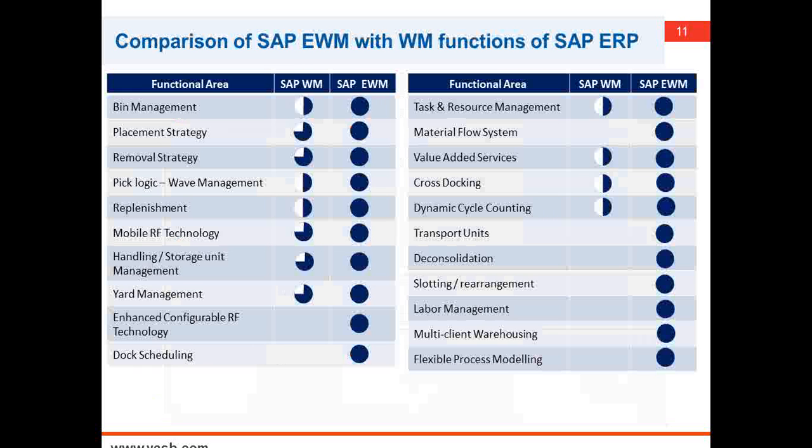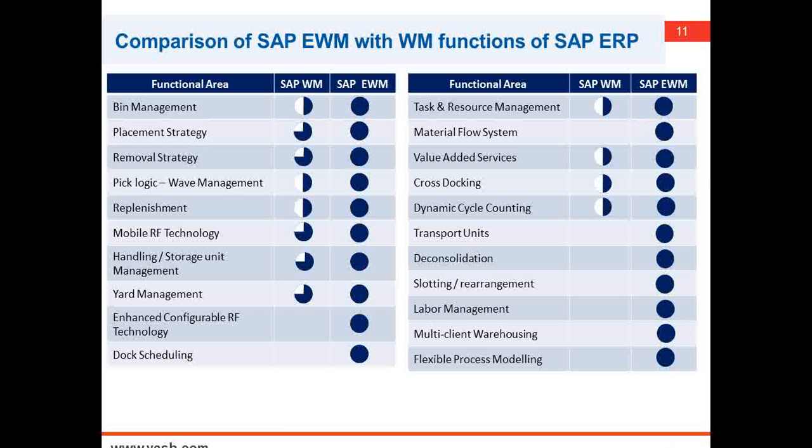So to talk about some of the differences between the warehouse management and our core ERP product, this slide can give you an idea of where functionality is there, or to what degree it's enhanced in the EWM system. So obviously we have placement and removal that are pretty complete in WM, but even extended in EWM.